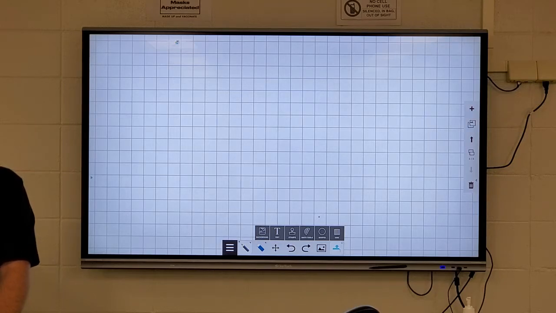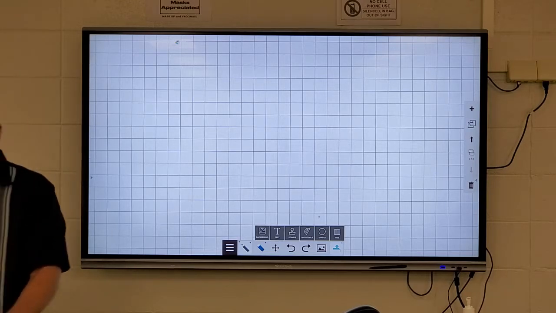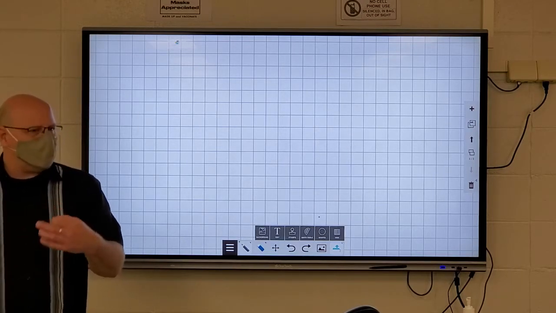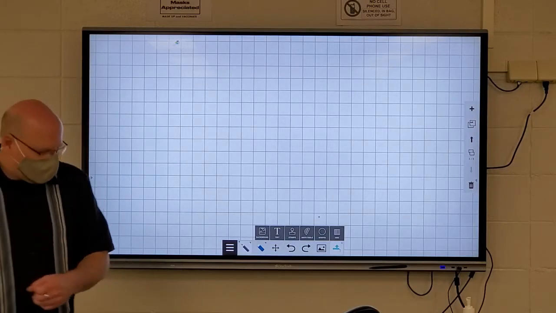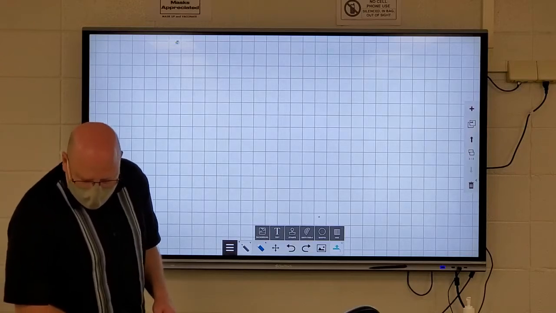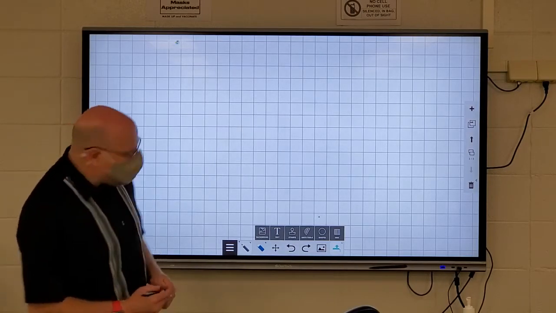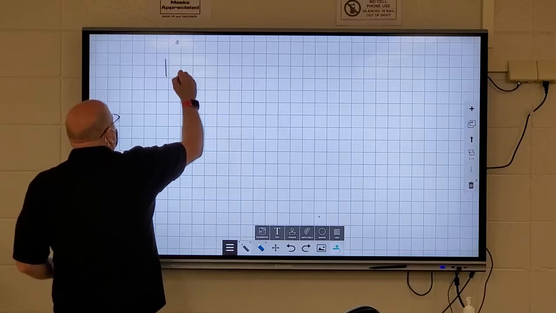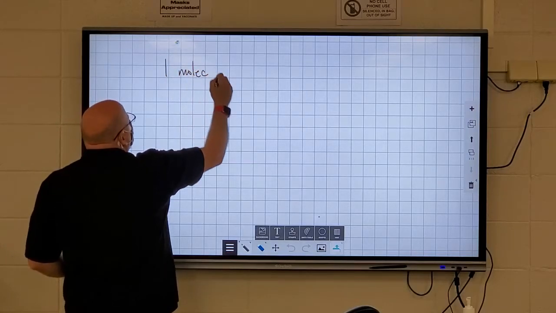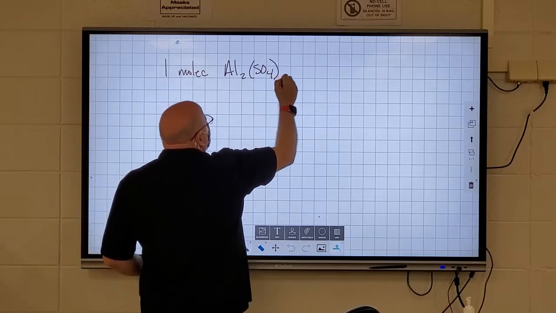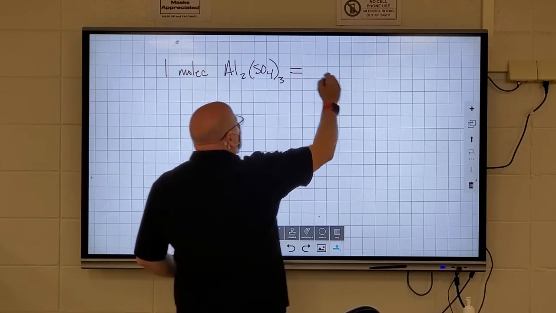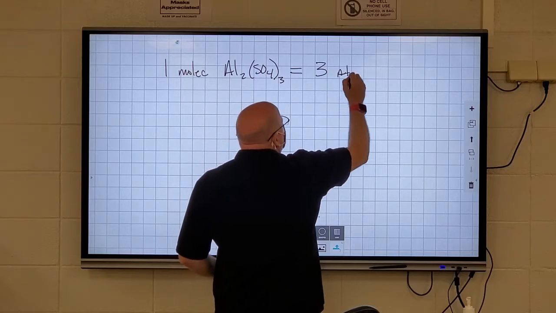You're not going to need to write these out as conversion factors. You're going to use them as conversion factors, but they don't need to be written out as such. I'm just going to show you where these things are coming from. Okay? So, how many atoms of sulfur in one aluminum sulfate molecule? So one molecule of aluminum sulfate is equal to 3 atoms of sulfur.